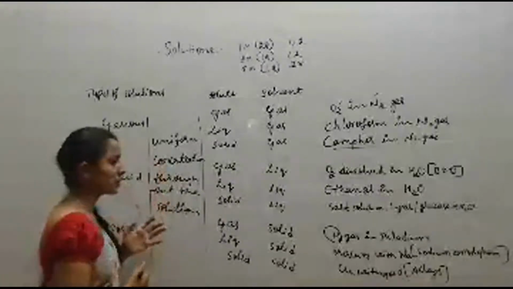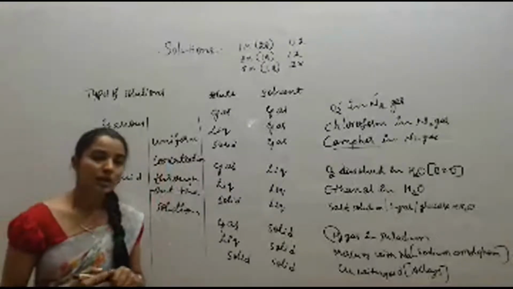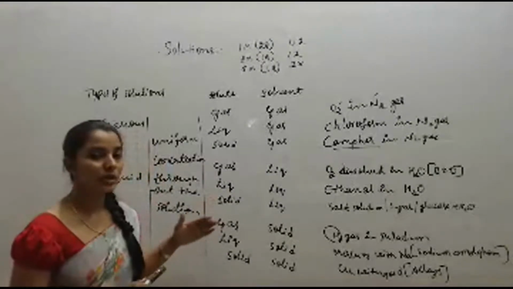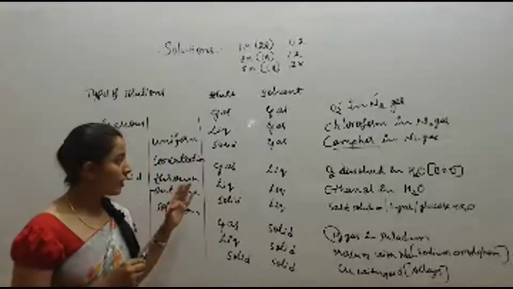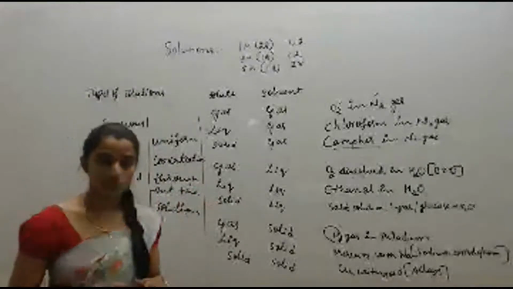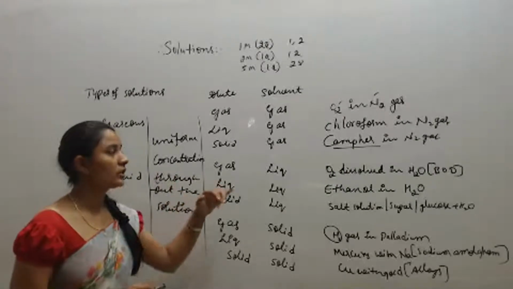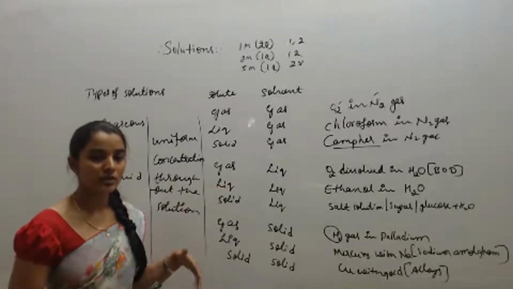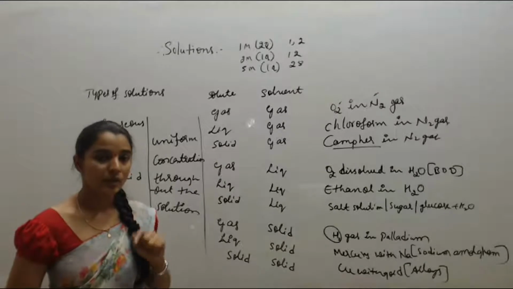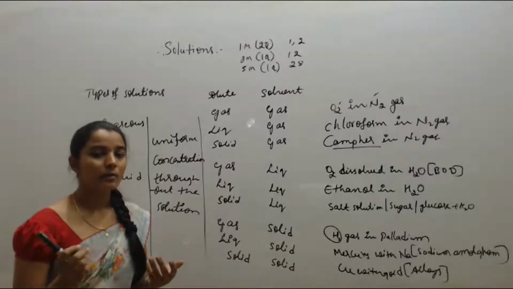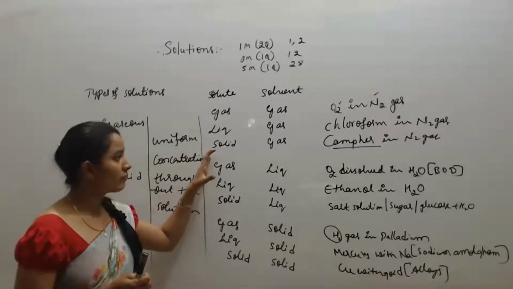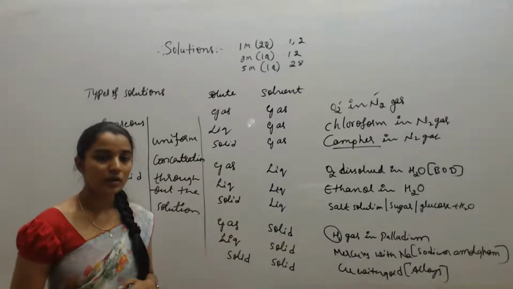But in a uniform or homogeneous solution, you can never separate solute and solvent without an external process. We physically cannot separate out the solute and the solvent by filtration or any other physical methods. By chemical methods or by heating, by applying some chemicals, we can separate the solute and the solvent.